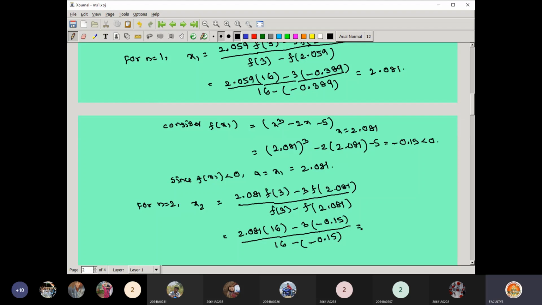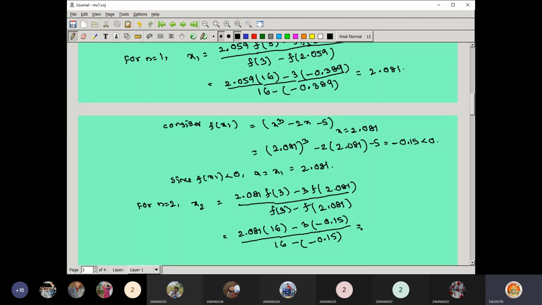So again you can use the calculator, that divided by symbol. So 2.081 multiplied by 16, and that becomes plus 3 into 0.15, and overall it is divided by 16 plus 0.15.